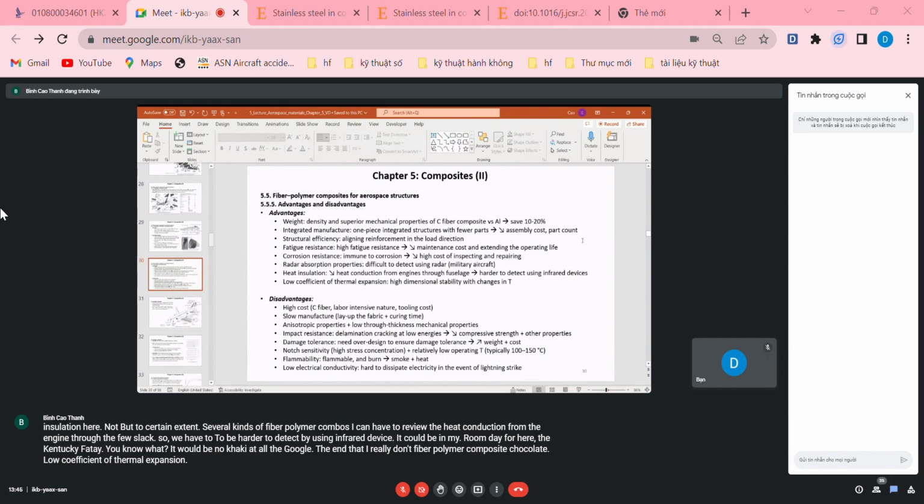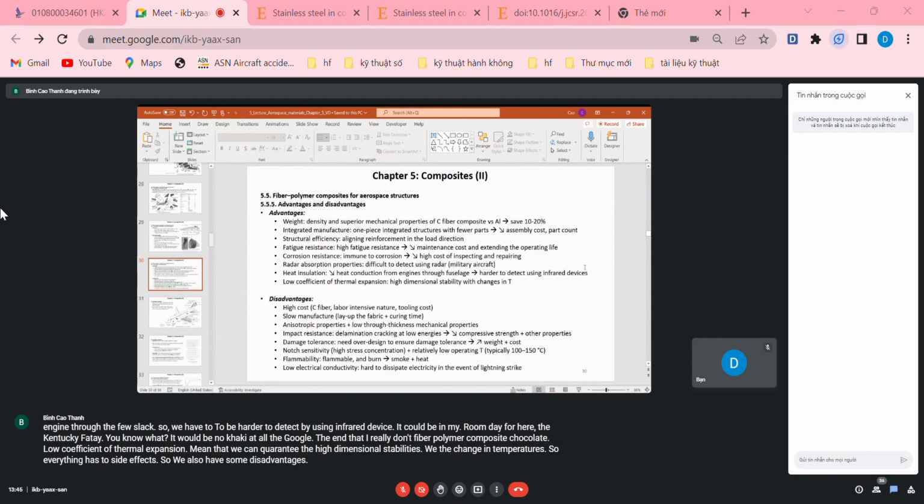Low coefficient of thermal expansion means that we can guarantee high dimensional stability with the change in temperatures. So everything has two sides.